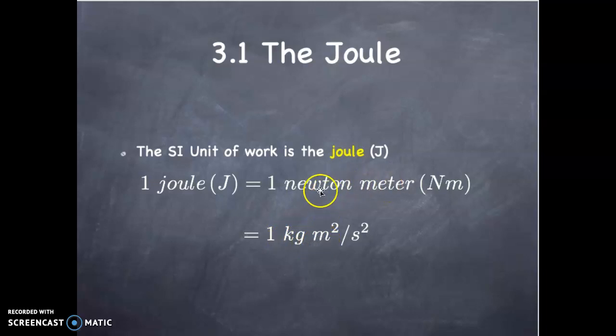When you multiply a kilogram meter per second squared times a meter, you get a kilogram meter squared per second squared. That's the true unit of the joule.